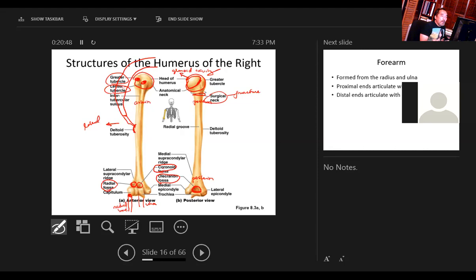And on the posterior side of the bone, there's a groove here. And you see on the lateral side, you have the deltoid tuberosity. The groove here is called the radial groove. The reason why I call it a radial groove is because there's a nerve that hugs the back of that humerus.